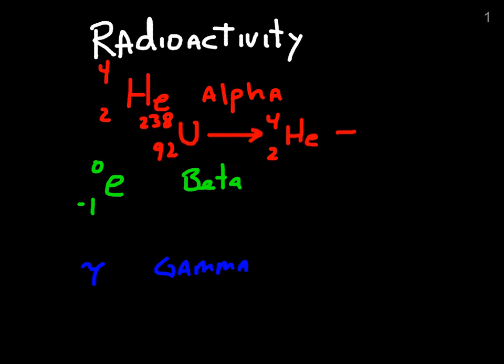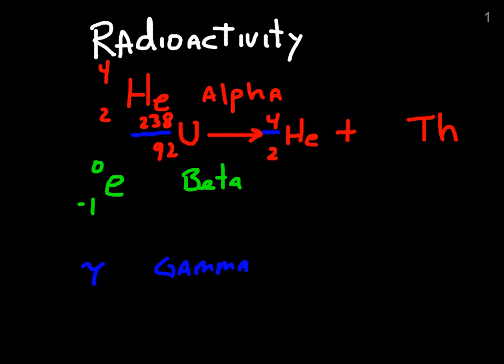Now, this is going to produce something. Well, it turns out it produces thorium. So this is transmutation. We're turning one element into another element because we have the protons changing. And what you do is really pretty simple. You look at what the mass numbers are, and you just mathematically figure out what thorium is going to be.